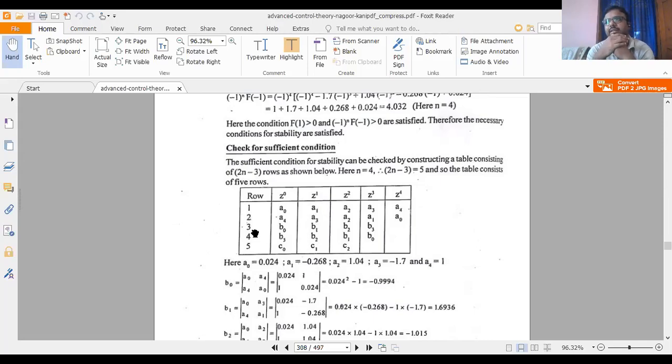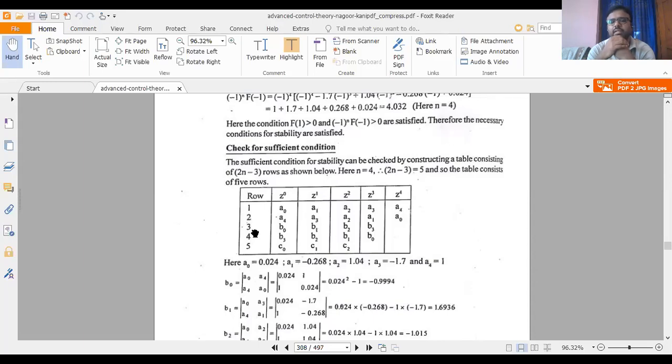In that case, the first and second conditions are as they are: f of 1 should be greater than 0, and f of minus 1 should be greater than 0 for even order and less than 0 for odd order equations.